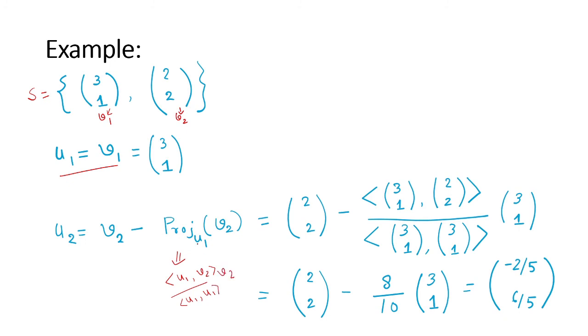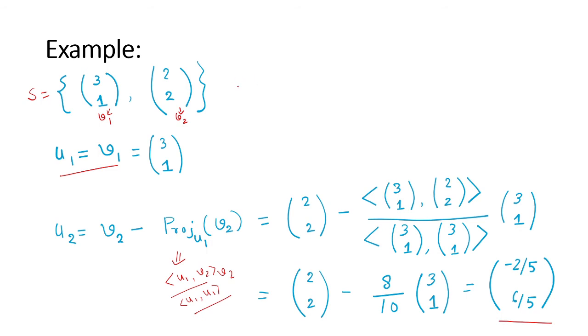You can see from the first slide how we have defined the projection operator. u1 is (3, 1), v2 here is (2, 2). So it is the inner product of these two vectors (3, 1) and (2, 2), divided by the inner product between u1 and u1, that is (3, 1) and (3, 1), multiplied by the vector (3, 1).